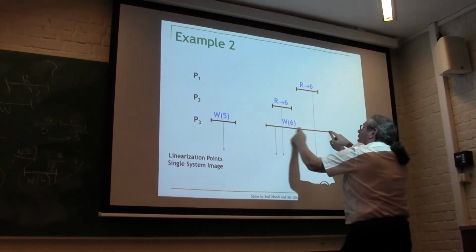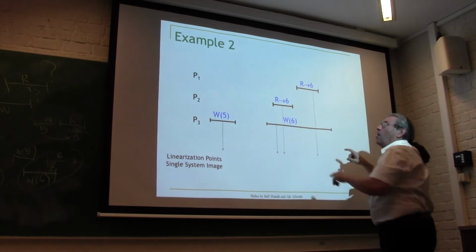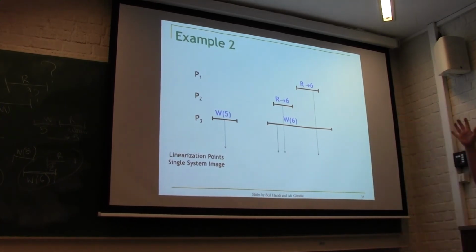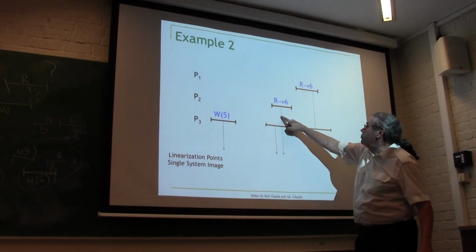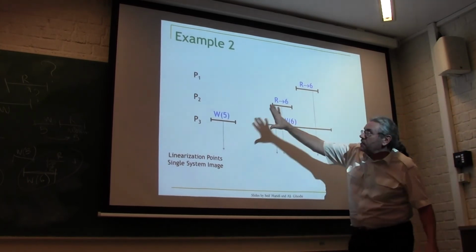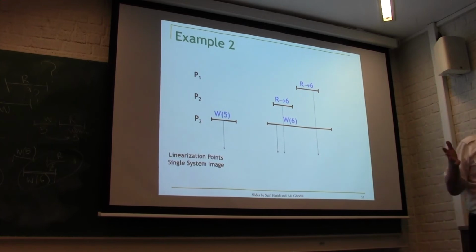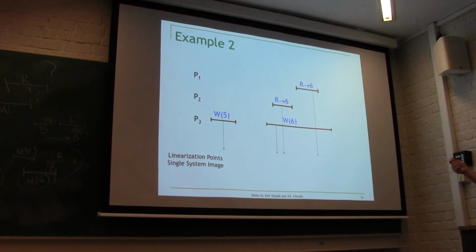All we have is the black lines and the blue operations. And then the question is, with these black lines and these blue operations, is the execution linearizable? That's the question. And the answer is yes, it is, if there exist linearization points. So it's just a kind of verification procedure, in fact.